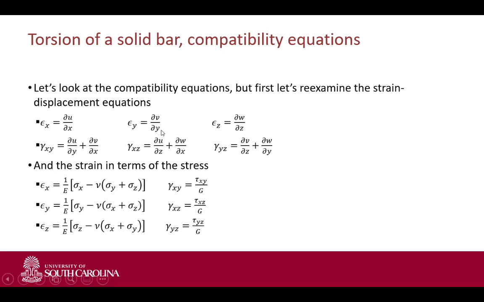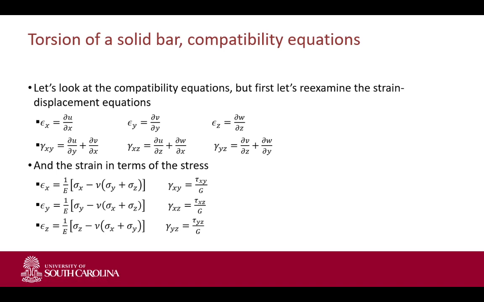So what do we know more? We have our relationship from Hooke's law that gives us a relationship between stress and strain. If we look at our generalized Hooke's law without the temperature components, because normally you would have a delta plus alpha delta T here, so we ignore temperature effects, these are the strain terms that we have.